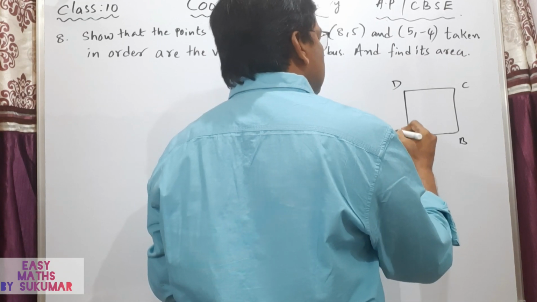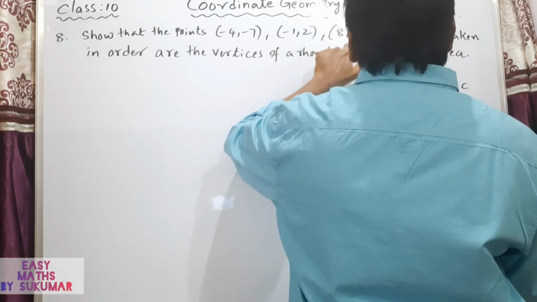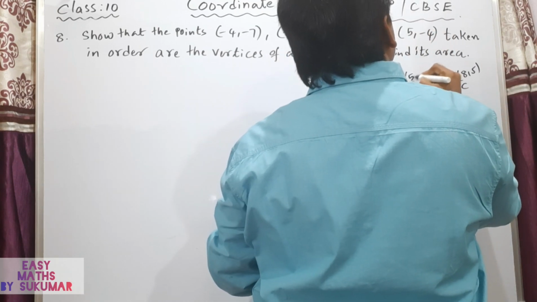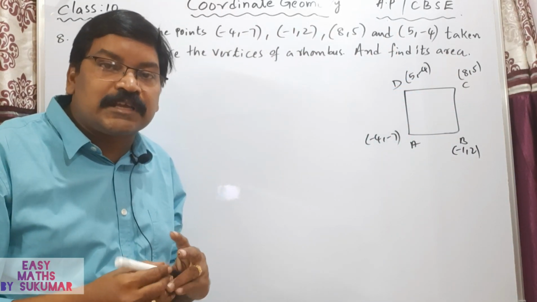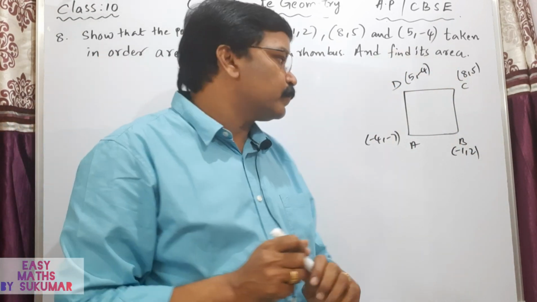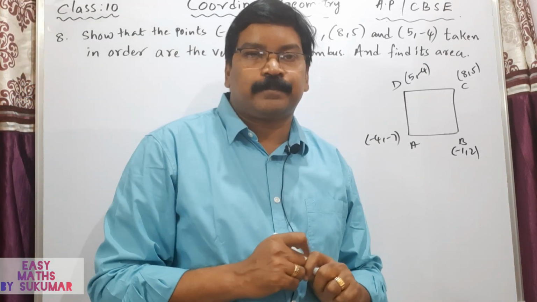Here what are the vertices of the rhombus in order? A is -4 comma -7, and B is -1 comma 2, and C is 8 comma 5, and D is 5 comma -4. Okay, here the 4 vertices of a rhombus are given. They are in order. Okay, order is important. Now let us prove that this ABCD is a rhombus.